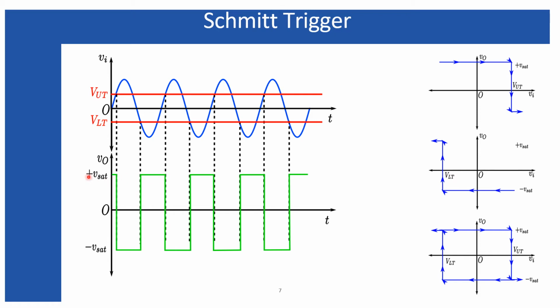Due to plus VSAT at the output, the reference voltage is set as the upper threshold voltage again. Now when the input voltage becomes greater than the upper threshold voltage, another switching will take place. So in this way, we can have a square wave for the Schmitt trigger.